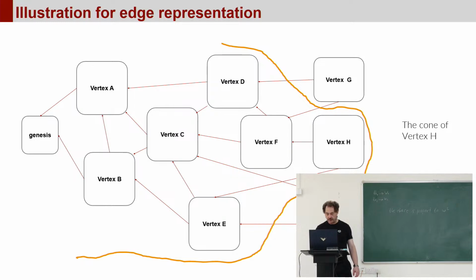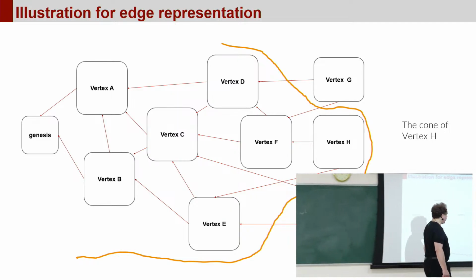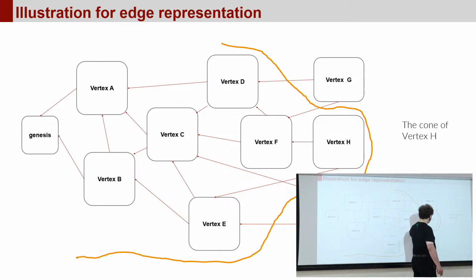So here's an example. This is the cone of vertex X, vertex H, right?